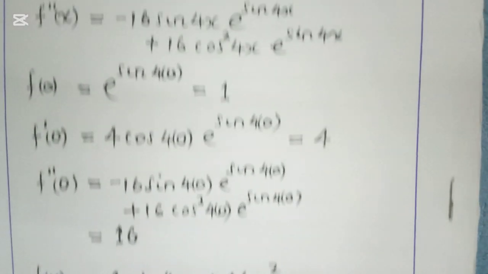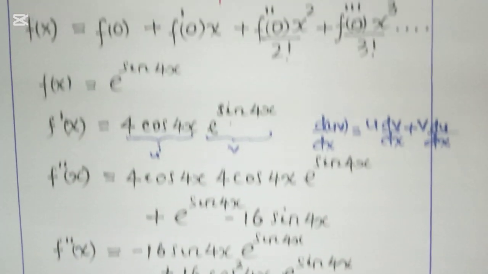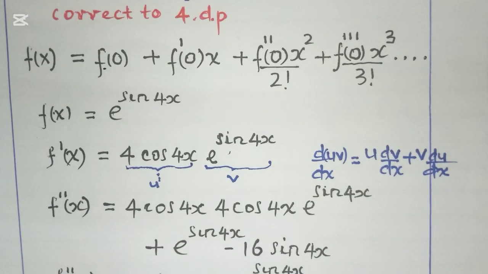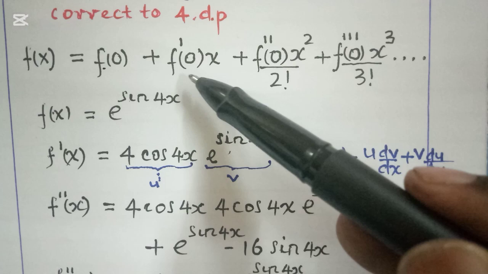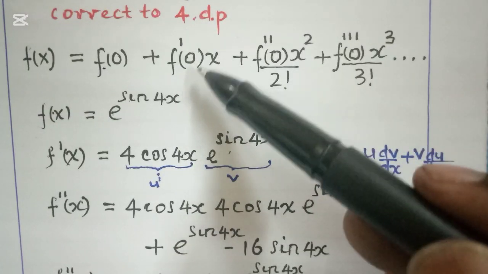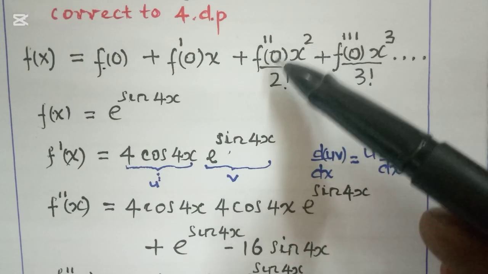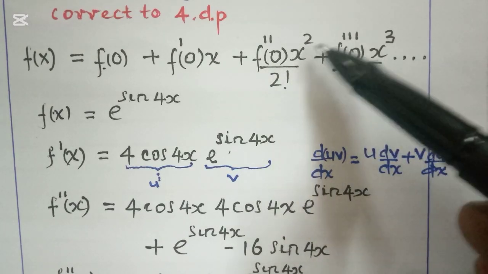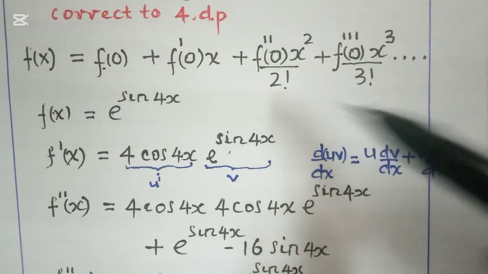That is coming from this, where we fix our f0, we have it's 1, f prime 0, we have 4, so it's 4x, f prime prime 0, this one we found as 16, so it's 16x squared all over 2 factorial.